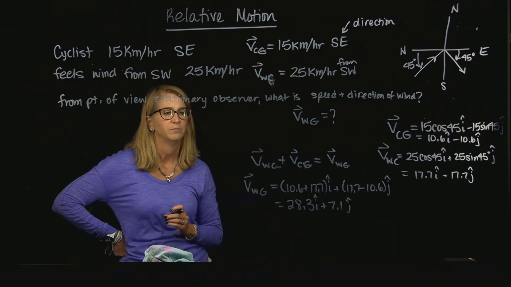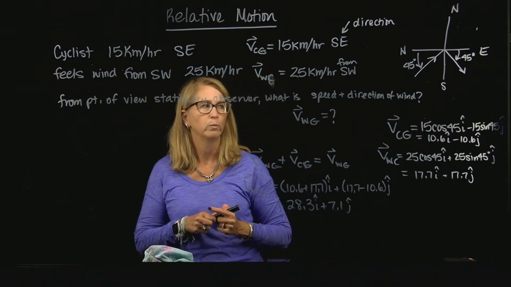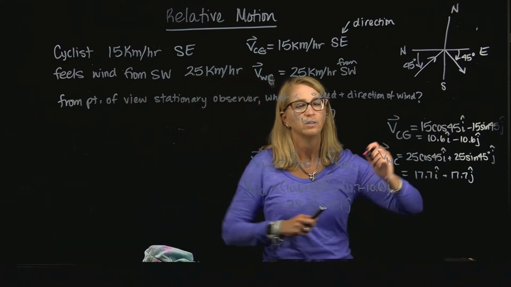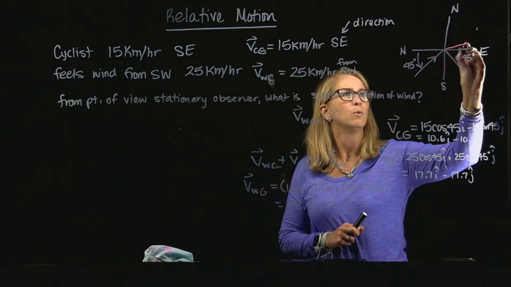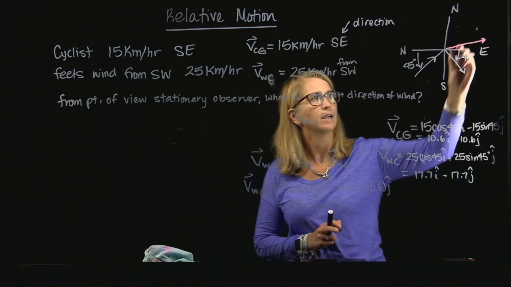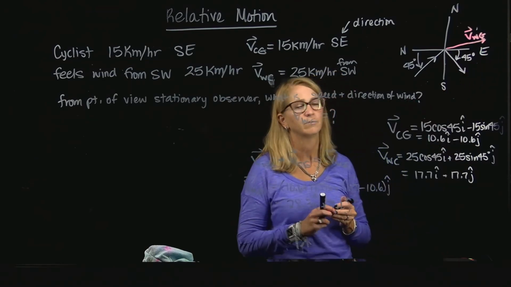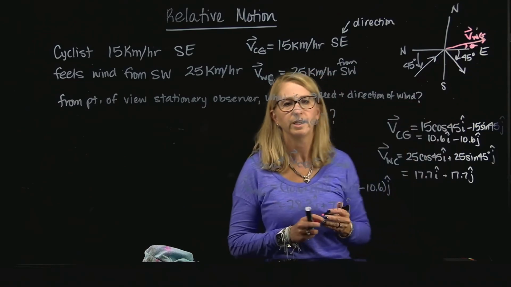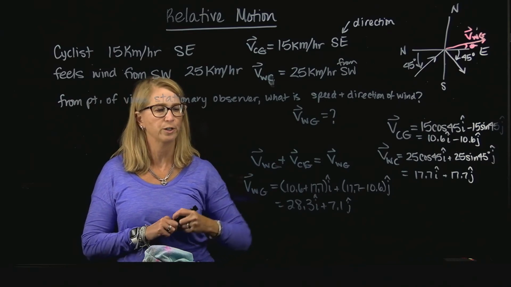So what it's saying is that when I combine those two together to see what the velocity of the wind is, it has a lot more x than it has y. So it might look something like that. And what I'm interested in is how big that vector is. I'm interested in its magnitude, and I'm interested in its direction.